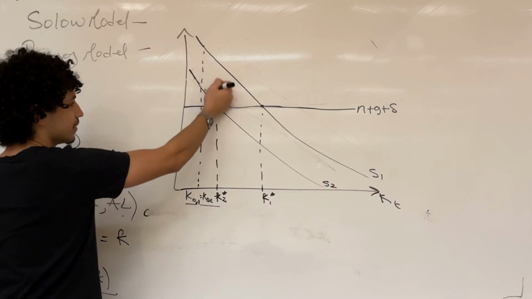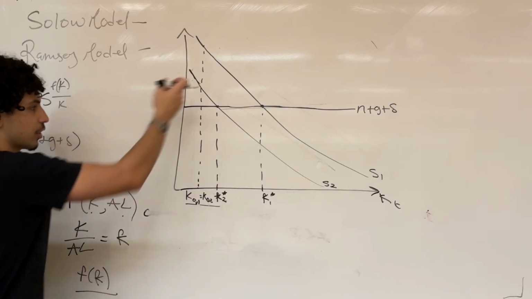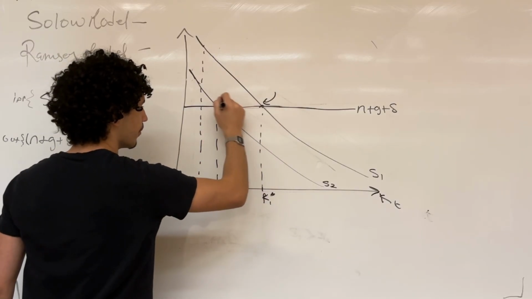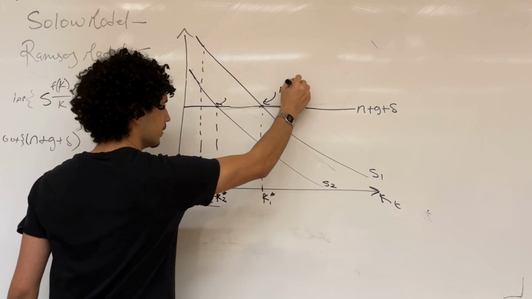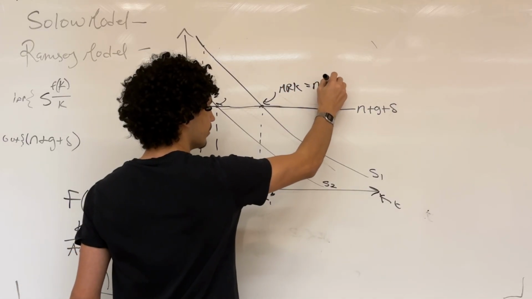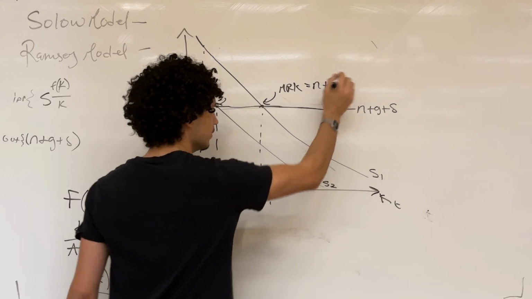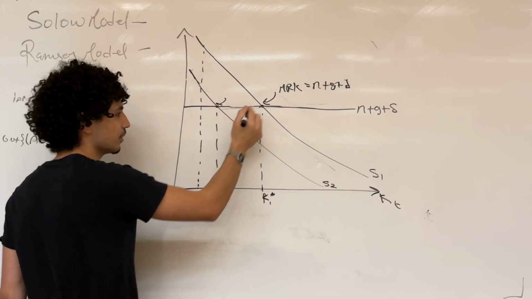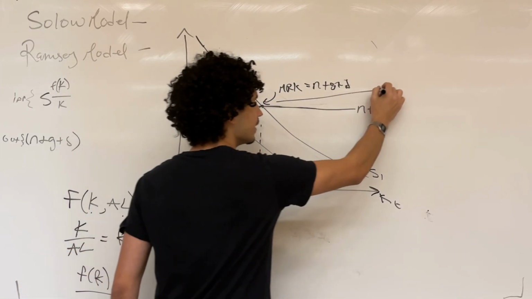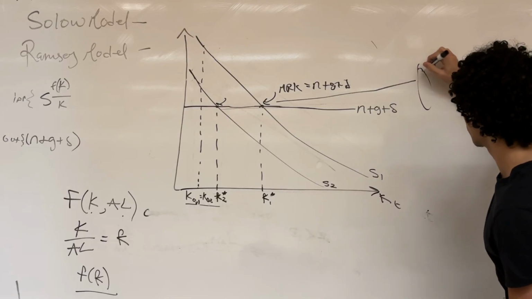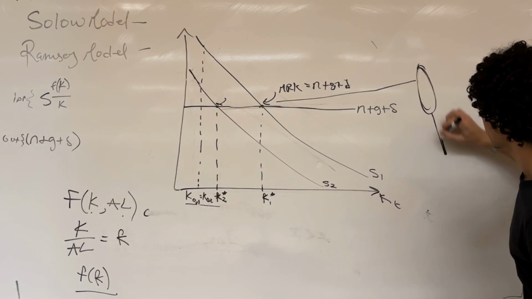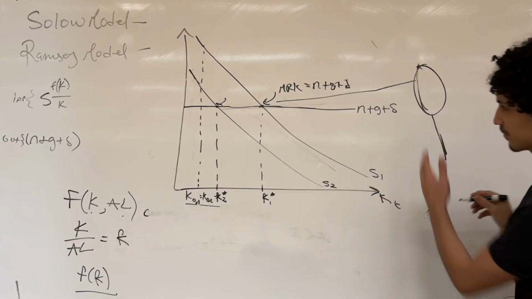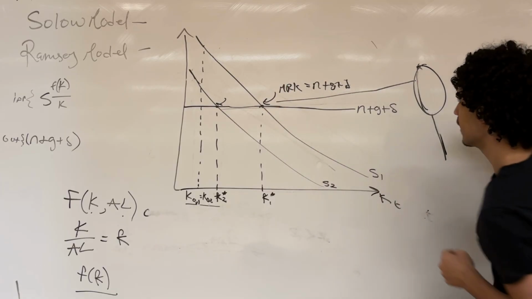If we look at the difference of slopes here, because this is a curve that at the steady state, the marginal product of capital, MPK, equals n plus g plus delta. They have the same exact. I'm not illustrating it right, but if you really zoom in on a microscopic level, say there's a magnifying glass here, and it just shows that curve to that line.